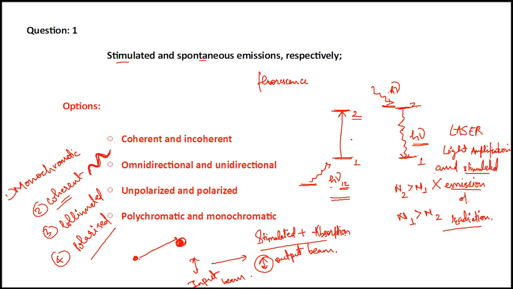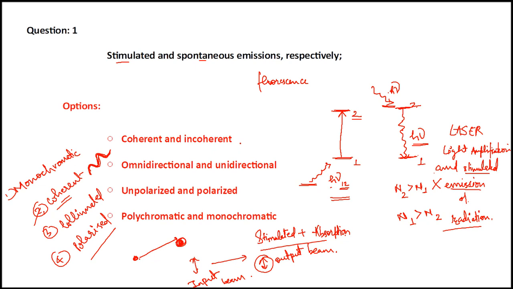So in our question, our answers were the stimulated and spontaneous emissions respectively are coherent. Now talking about stimulated, yes, the stimulated is coherent, and the spontaneous emission will never be coherent. It is incoherent.